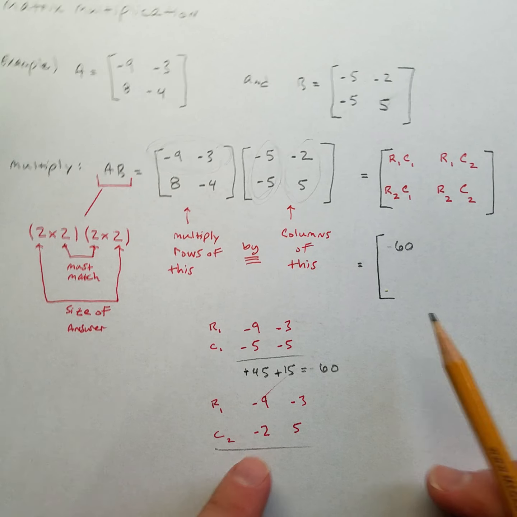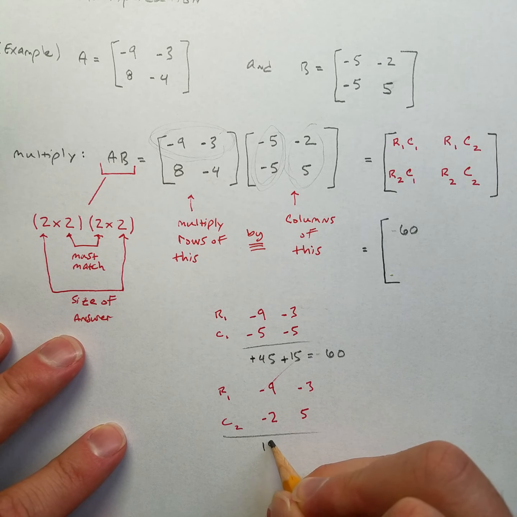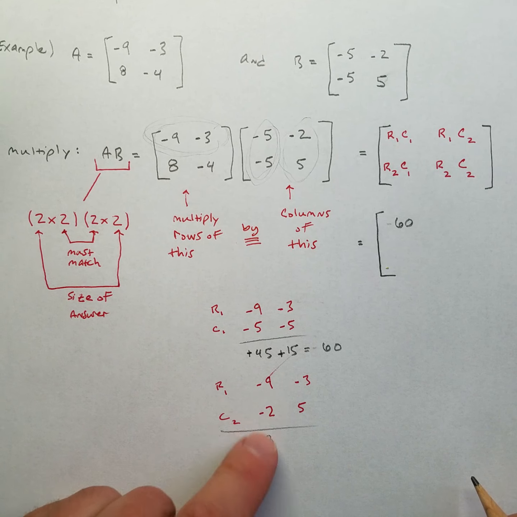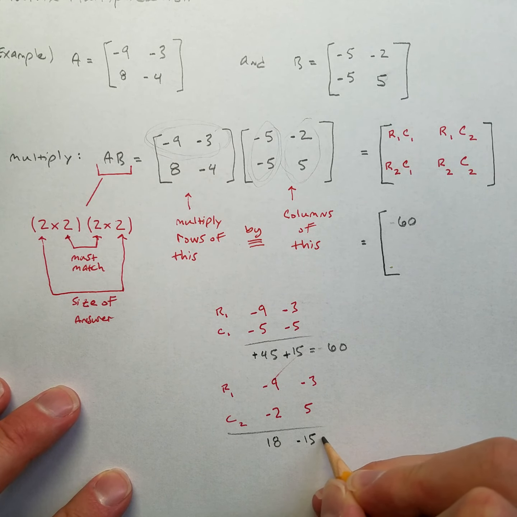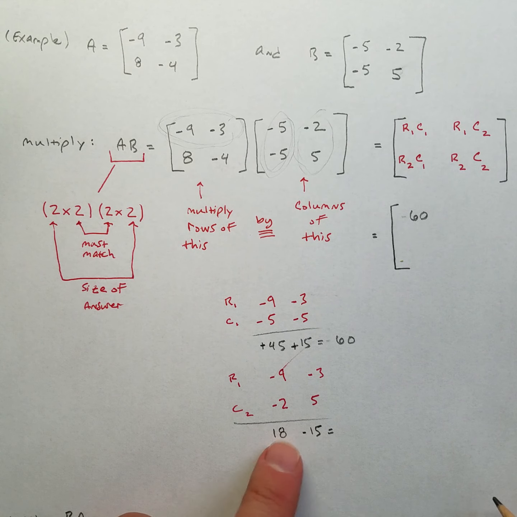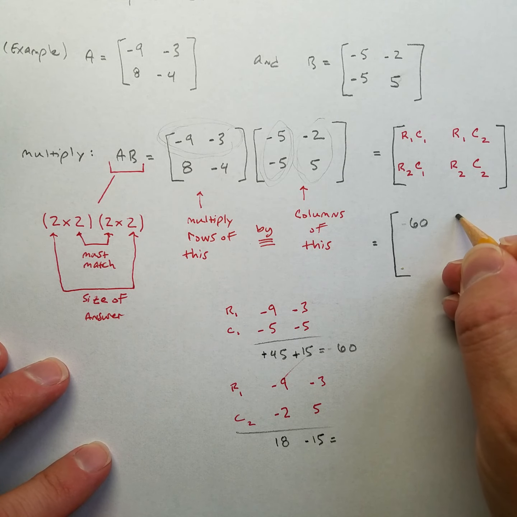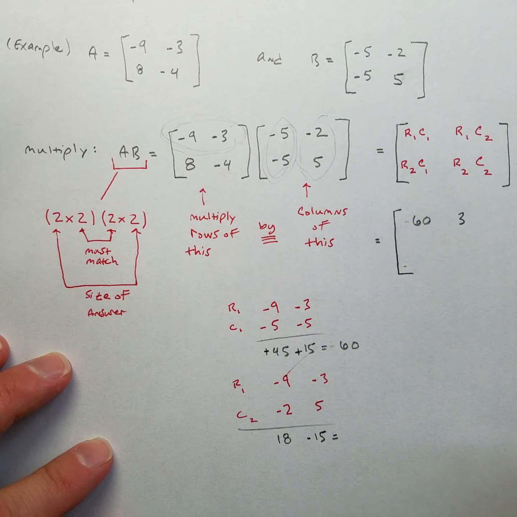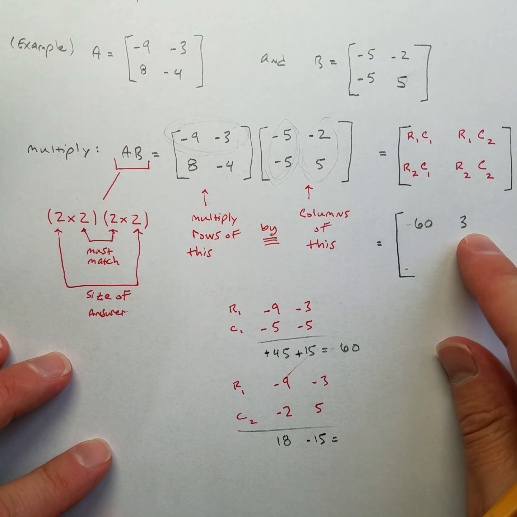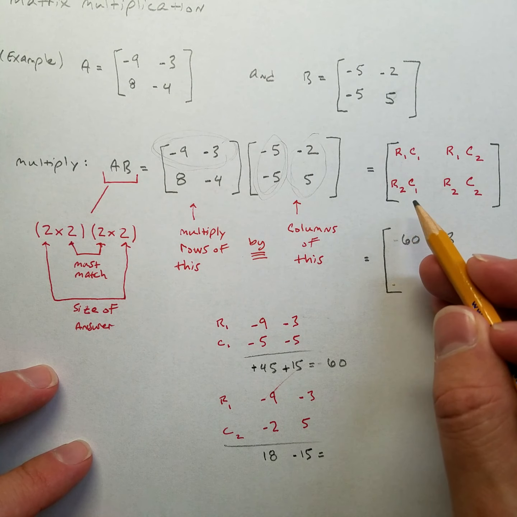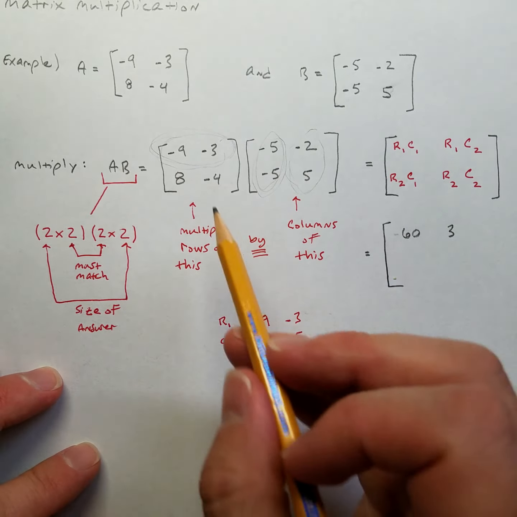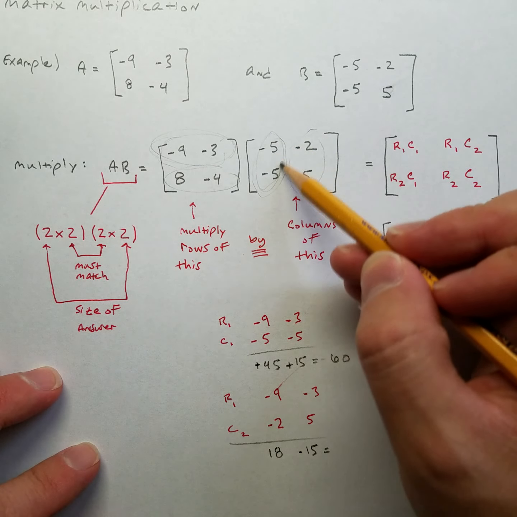Then we multiply together, we get 18 right there, and we get negative 15. Then I just combine these results, so that's going to be a 3. So we get 3 right here. So 60, and then 3. And then we keep going. R2C1, that would mean row 2 times column 1.